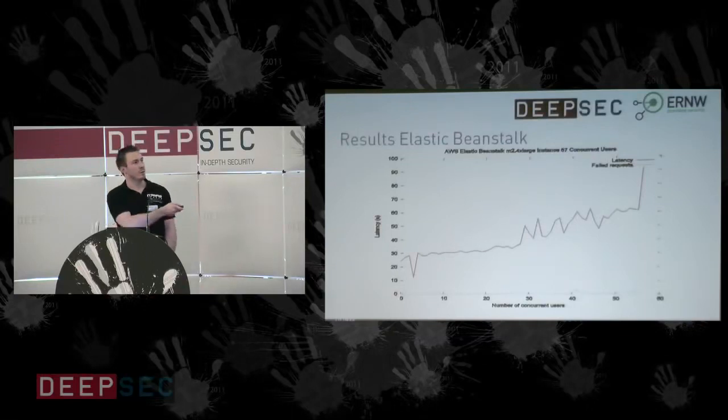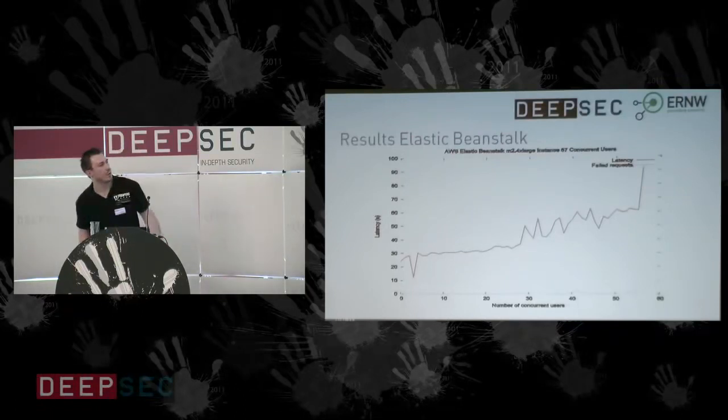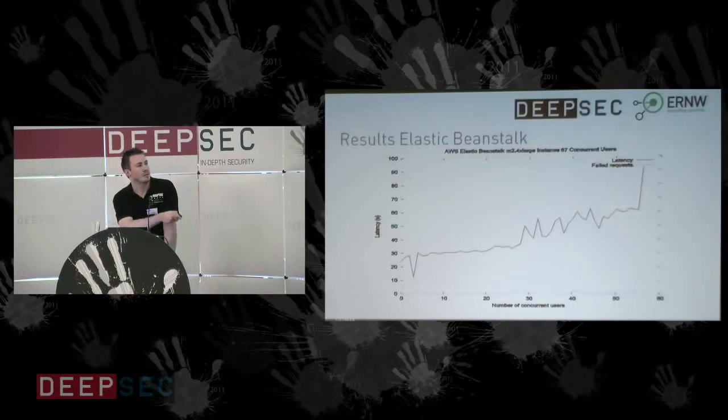We see lower overall response times for the increasing number of users, almost no increase up to like 27 or 30 users. Then we have a little jitter, and the latency increases to 60 seconds for all of the users.